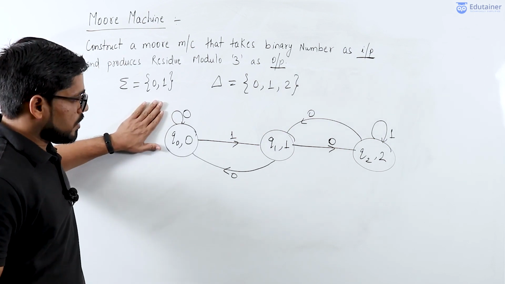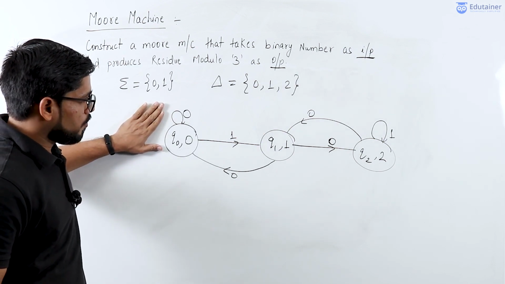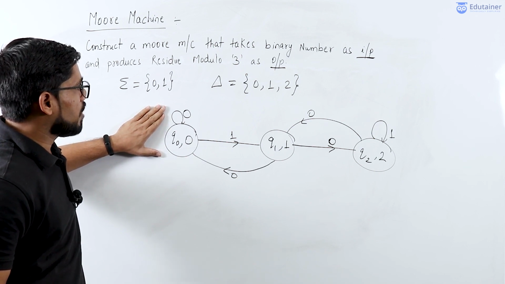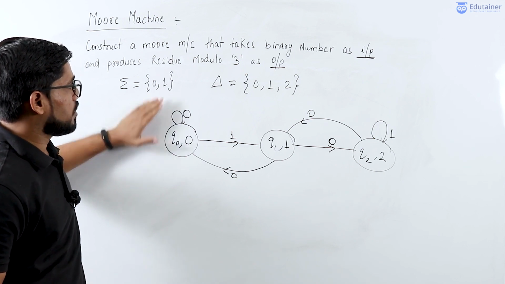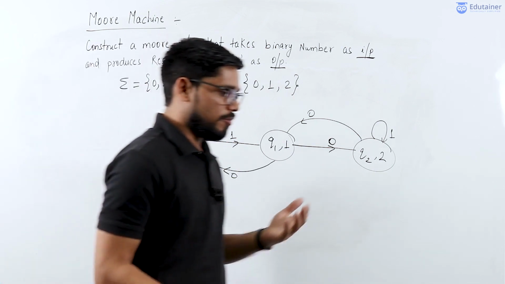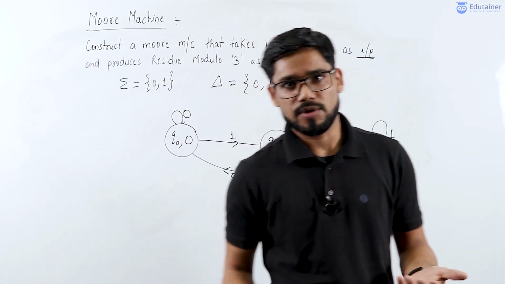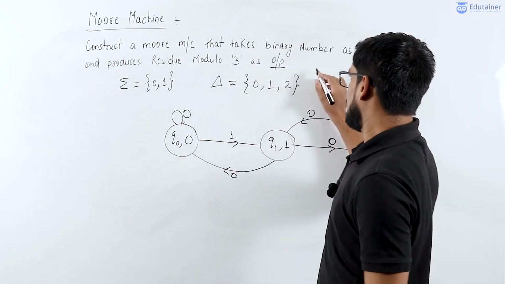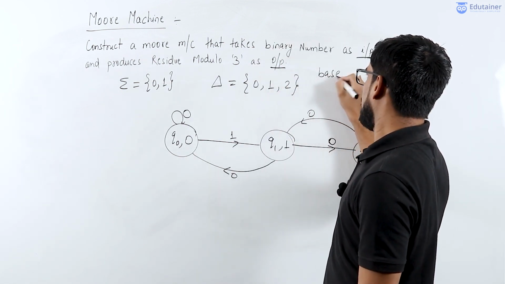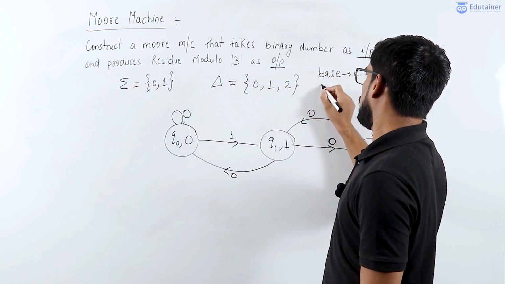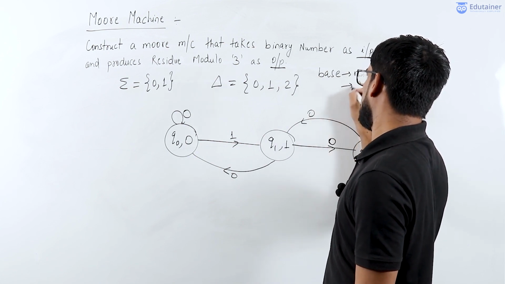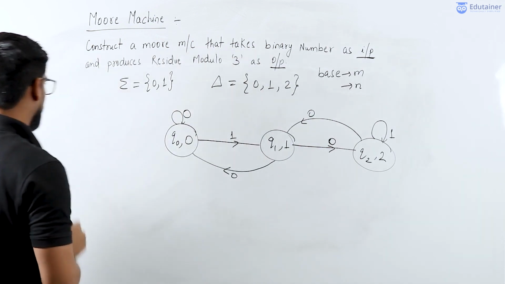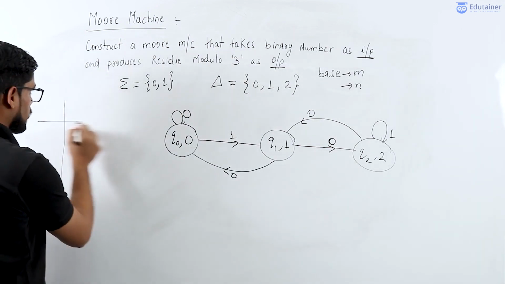So how do I draw this transition diagram? Because there is a trick which works here. Whenever a question is given, like you divide some base n number with some residue modulo n, then for such type of question, what you will do here is draw the transition table first.